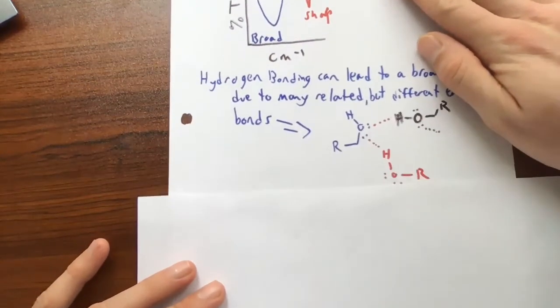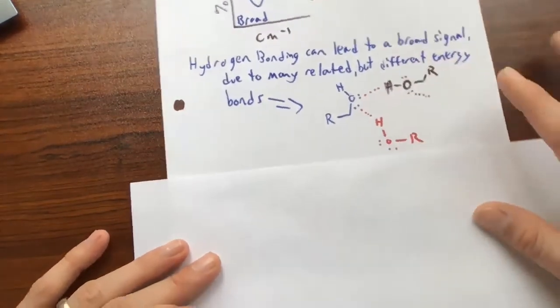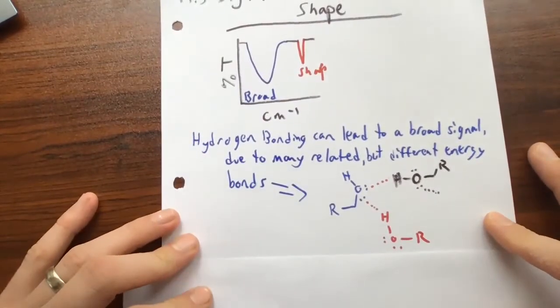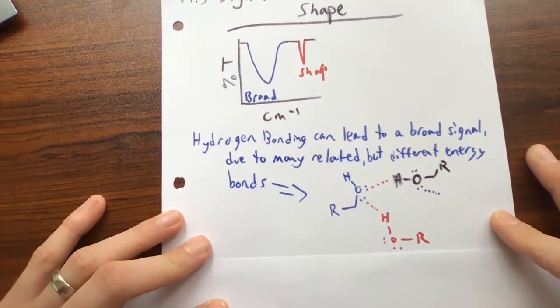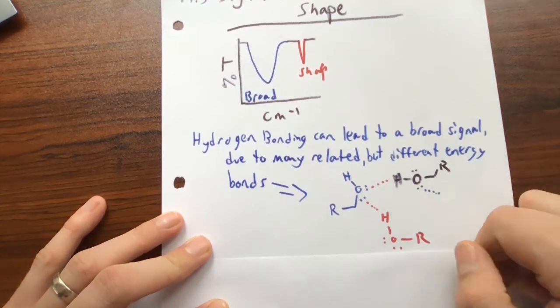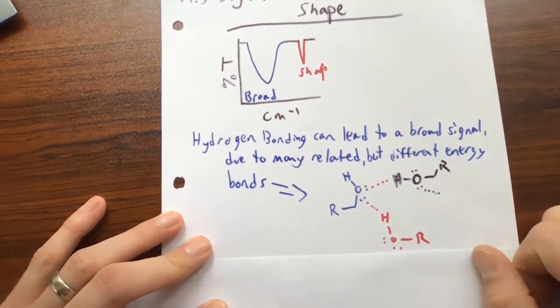And the reason why this happens is due to a lot of things, but mostly hydrogen bonding. So a hydrogen bond can weaken a signal, or it can change the symmetry of a signal. This is a little more advanced in organic chemistry, but infrared spectroscopy has a lot to do with the symmetry of a molecule.